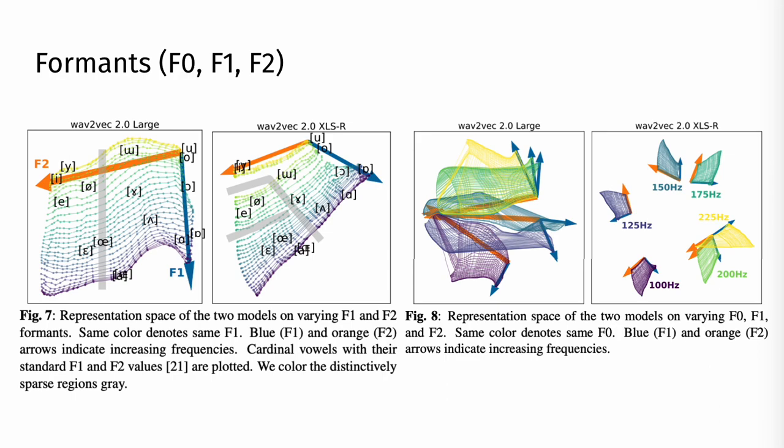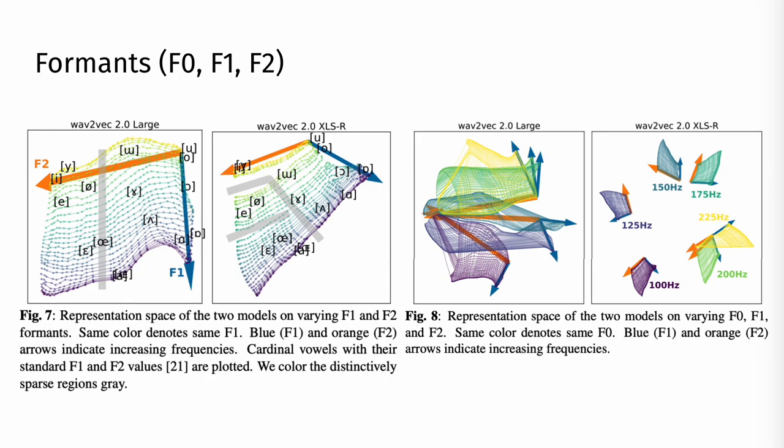I'm skipping the linguistic details like the corner vowels and everything, but I also compared the original wav2vec 2 and XLS-R, which is the cross-lingual trained version of it. And that training really does make a difference. Let's see the right two figures.